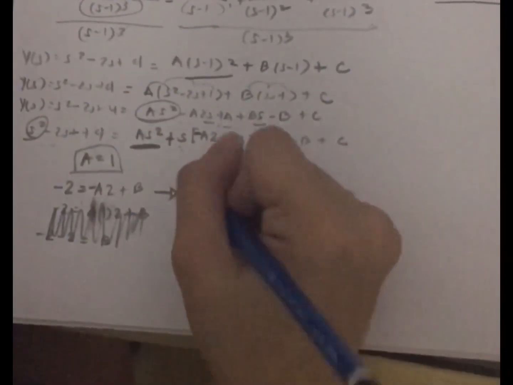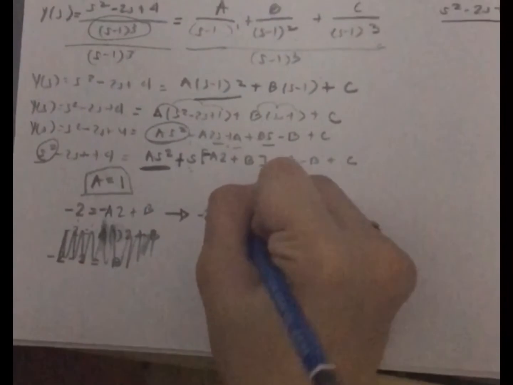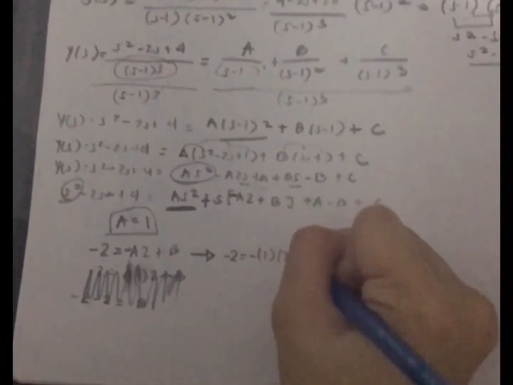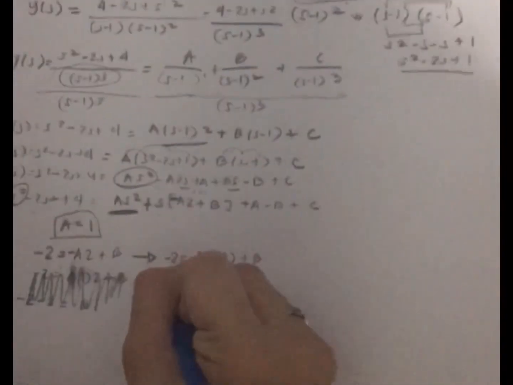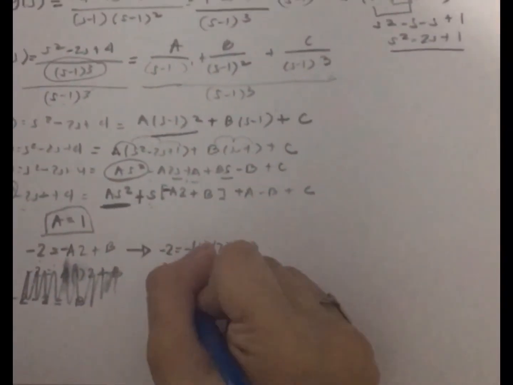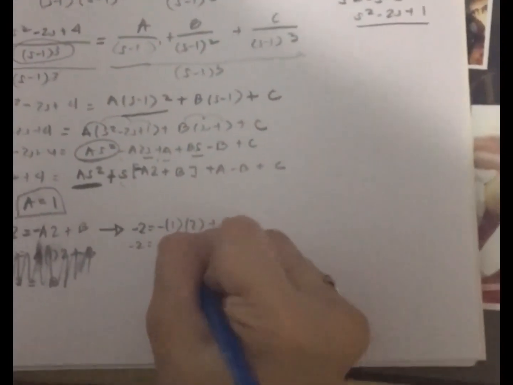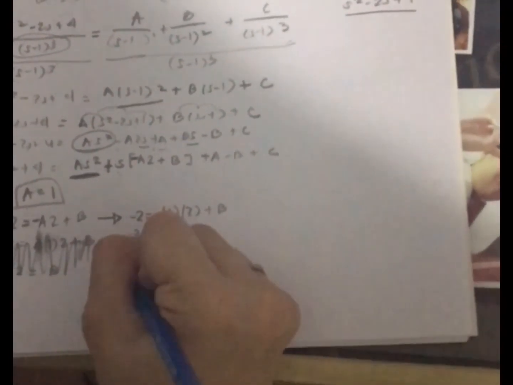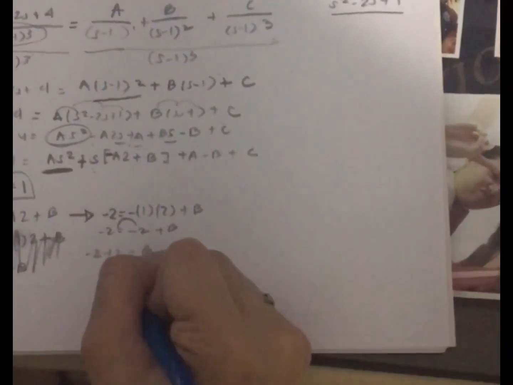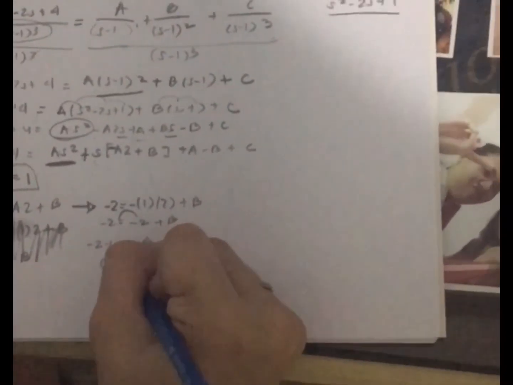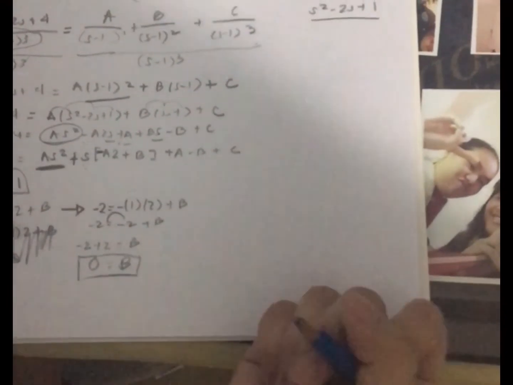A is equal to 1. Negative 2 is equal to negative 1 times 2 plus B. Negative 1 times 2 is negative 2 plus B. Transposing this, it will make positive. This will be equal to 0, and our B is 0.